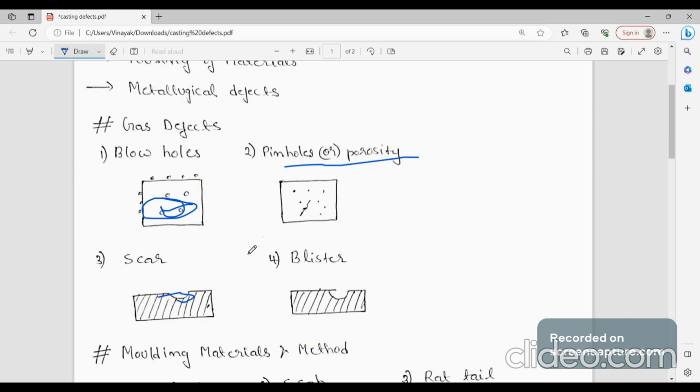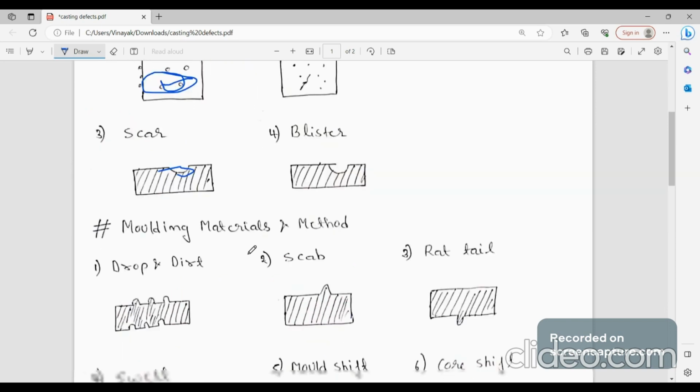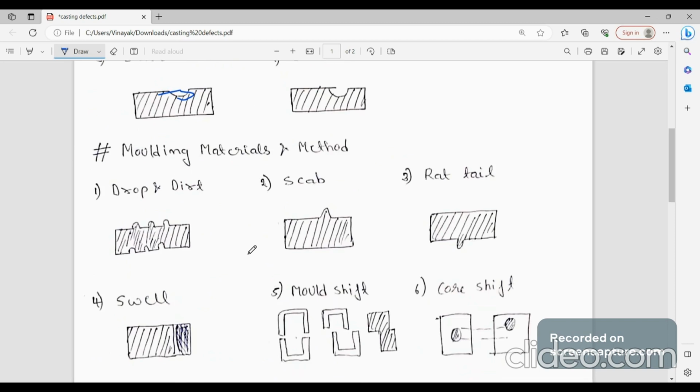We should also provide a vent hole so that the entrapped gases can come out. And fourth, we should select sand that has more permeability. So what is permeability? Permeability is a sand property through which the gases will come out.